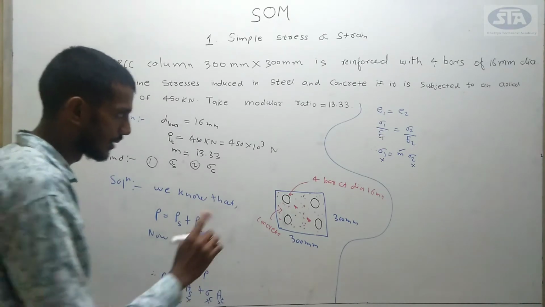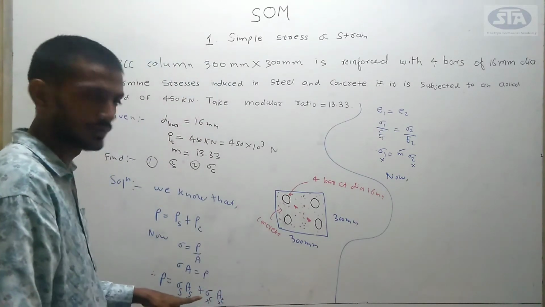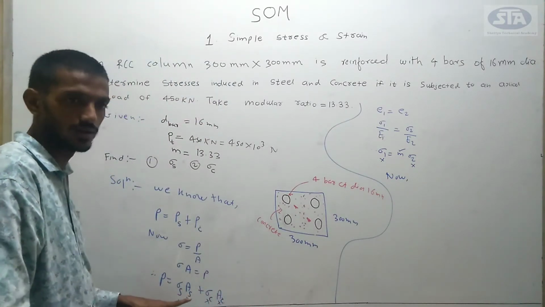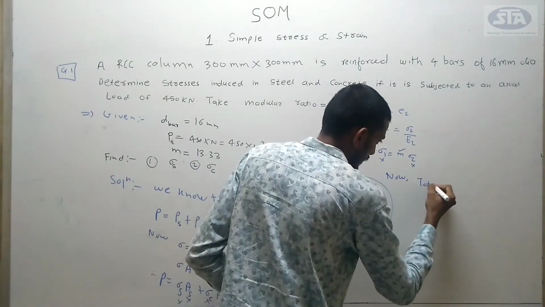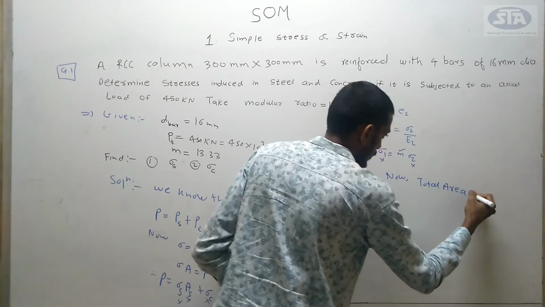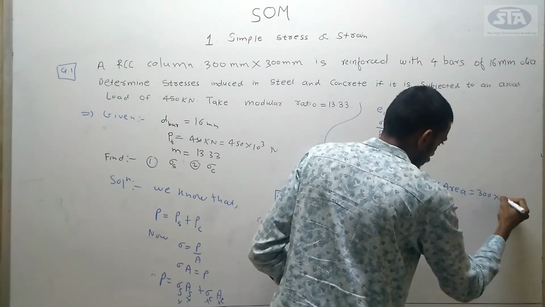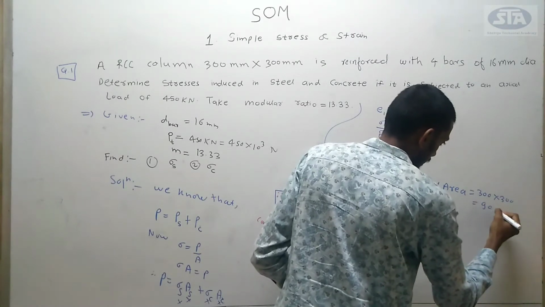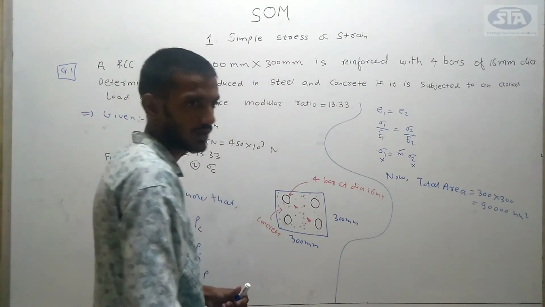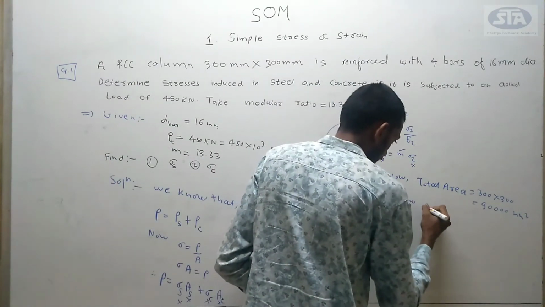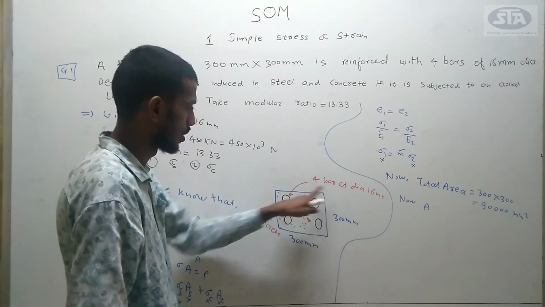Now we can calculate the area of concrete and the area of steel. We are given the total area, which is 300 into 300, that is 90,000 mm square. We are given 4 bars of diameter 16 mm of steel.